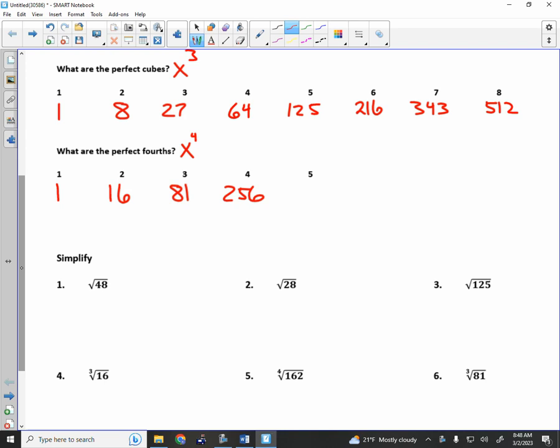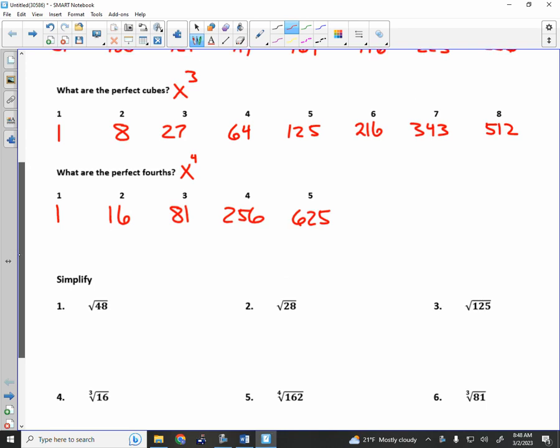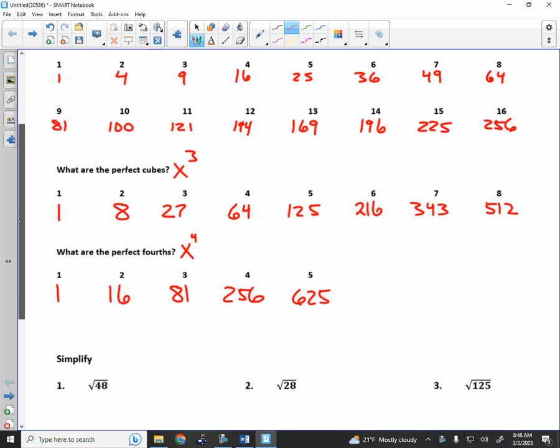And 5 times 5 is 25, times 5 is 125, times 5 more is 625. You can see how when you increase the power, the numbers get bigger really quick, don't they? And so that's why we're just going to look at those. So, perfect squares, perfect cubes, perfect fourths. We all good with that?